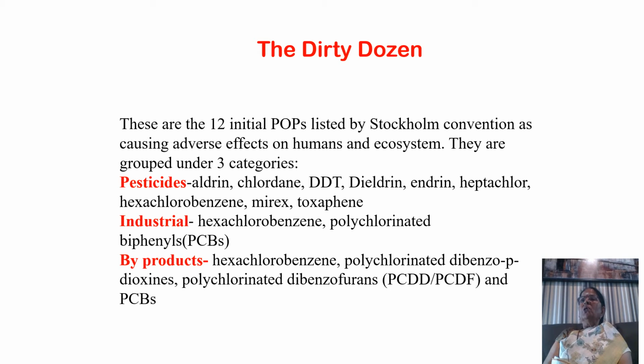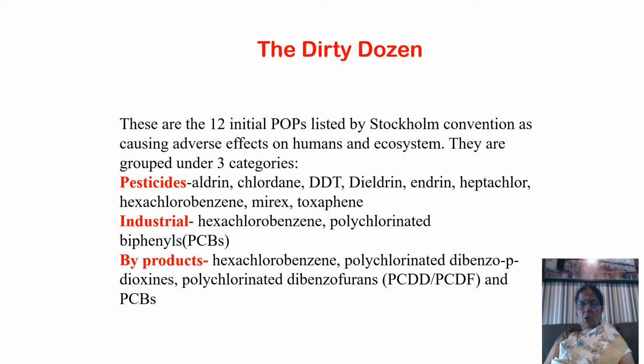We want to protect our crops, so we use pesticide to kill the insects. The pesticides grouped in the dirty dozen are aldrin, chlordane, DDT, dieldrin, endrin, heptachlor, hexachlorobenzene, Mirex, and toxaphene.